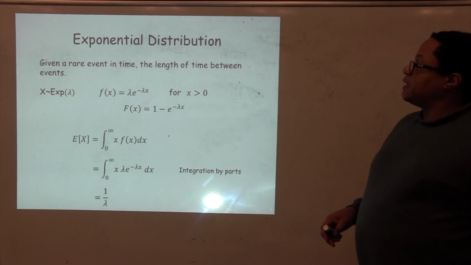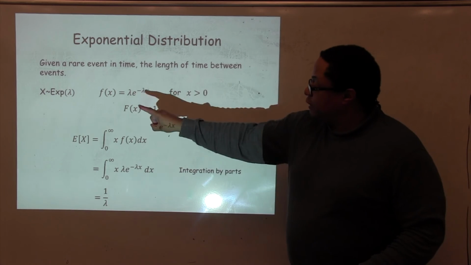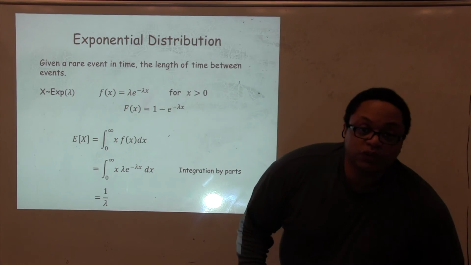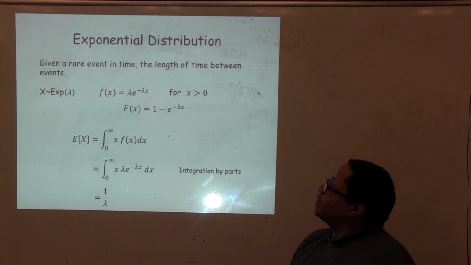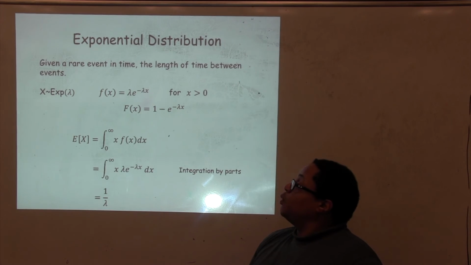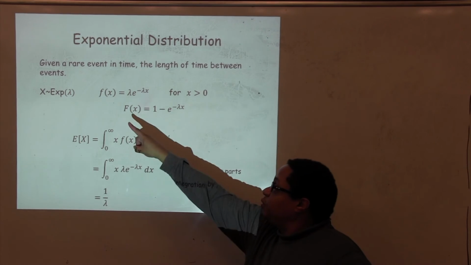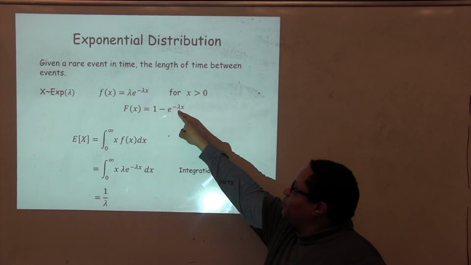So we have our exponential distribution. Again, we have our density function, f of x is equal to lambda e to the minus lambda x. It's non-zero for all x greater than 0, or all times greater than 0. From before, we had the cumulative distribution function, or CDF. That's capital F of x is 1 minus e to the minus lambda x.